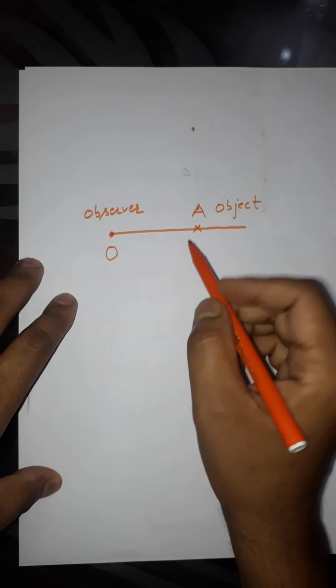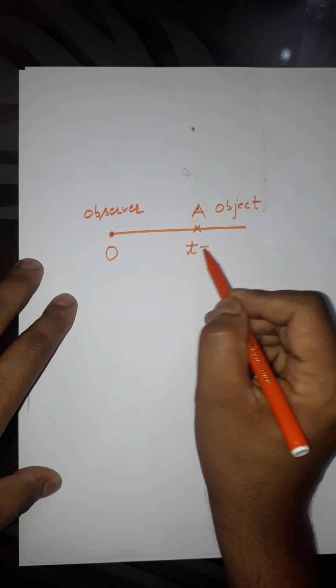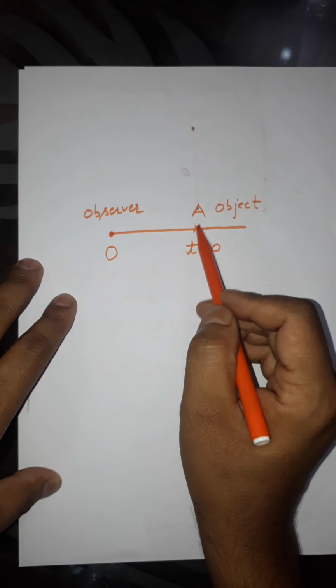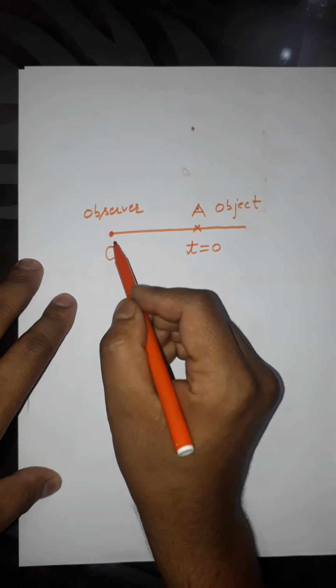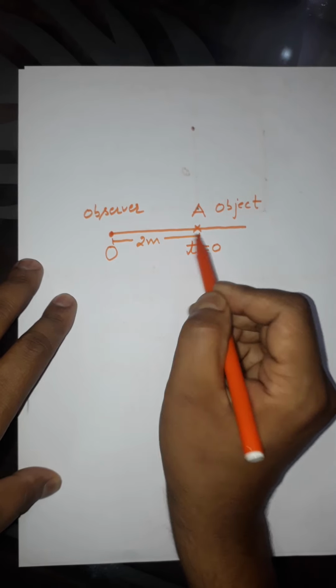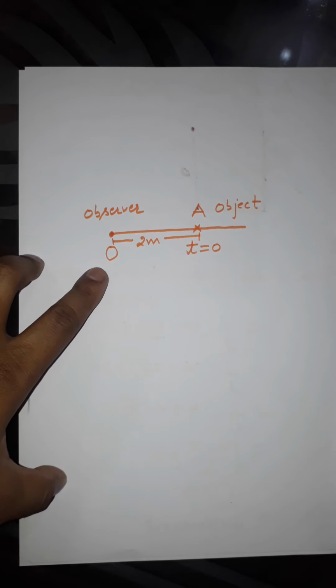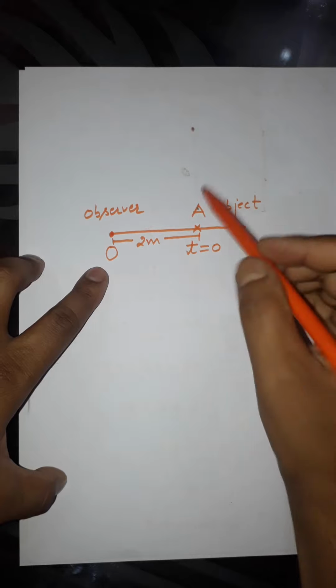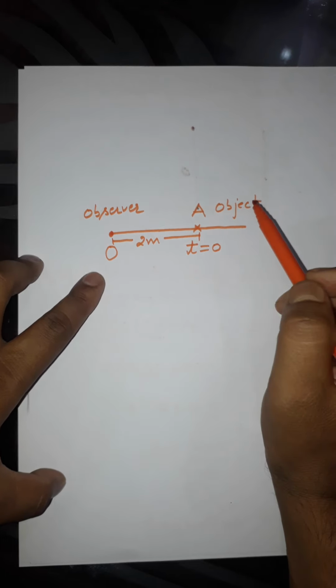Now at time t is equal to 0 starting time, let the object is at point A and suppose it is at 2 meter from the observer or origin from where the movement of the object is observed.